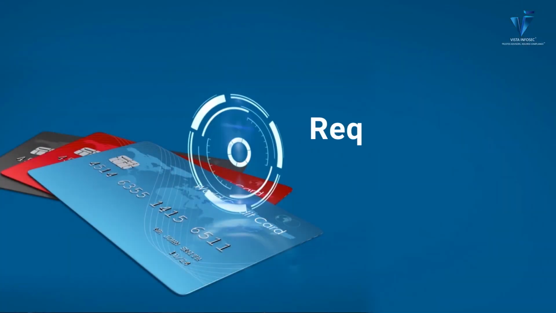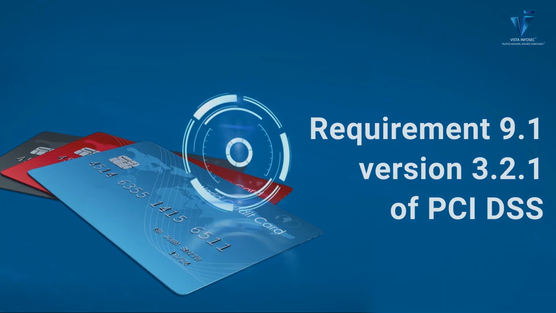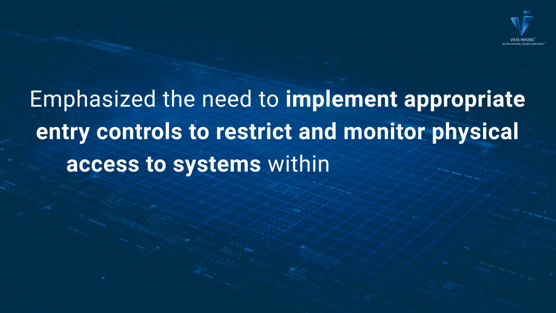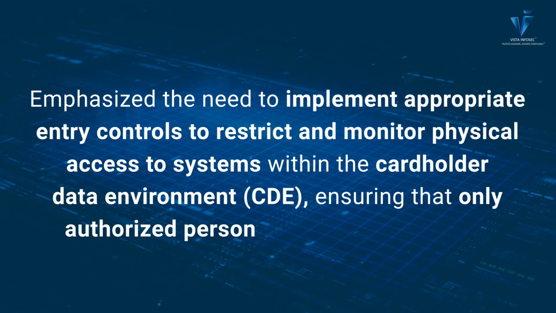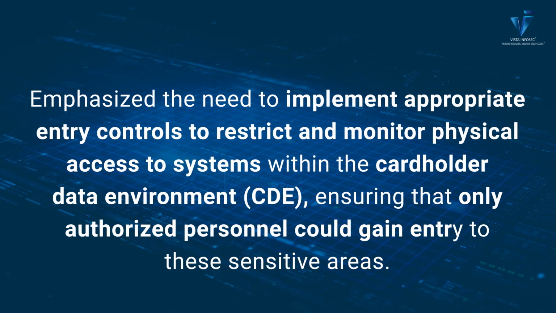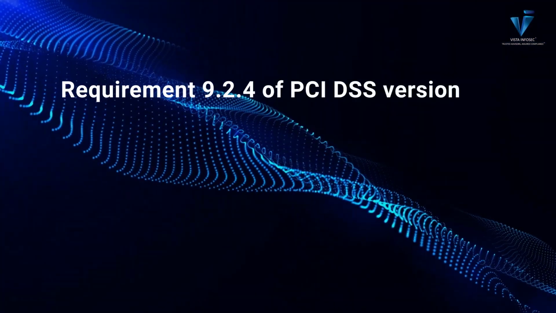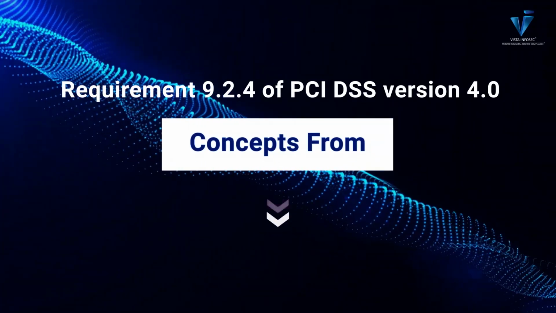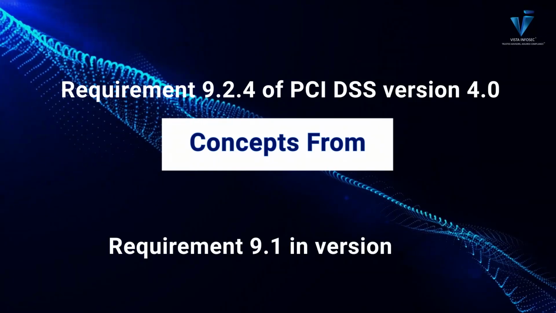In the earlier version 3.2.1 of PCI DSS, requirement 9.1 emphasized the need to implement appropriate entry controls to restrict and monitor physical access to systems within the cardholder data environment, also known as CDE, thus ensuring that only authorized personnel could gain entry to the sensitive areas. But the latest PCI DSS 4 introduces new requirement 9.2.4, and this builds upon the concepts from requirement 9.1 in version 3.2.1.